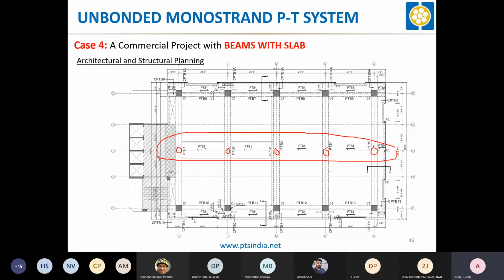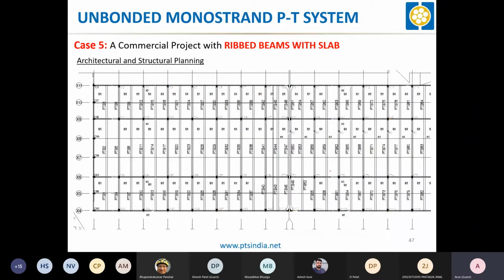This is known as ribbed beam with the slab. This is generally loved by industrial people, wherein you can have more span here. This span is more than the lesser span here, and here the column to column distance is more, but here the column to column distance is less.